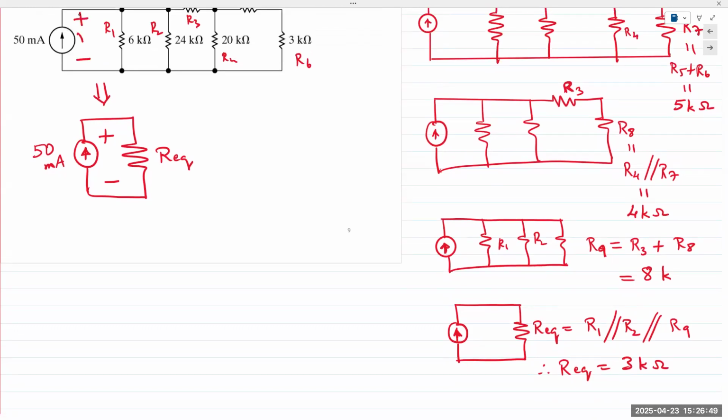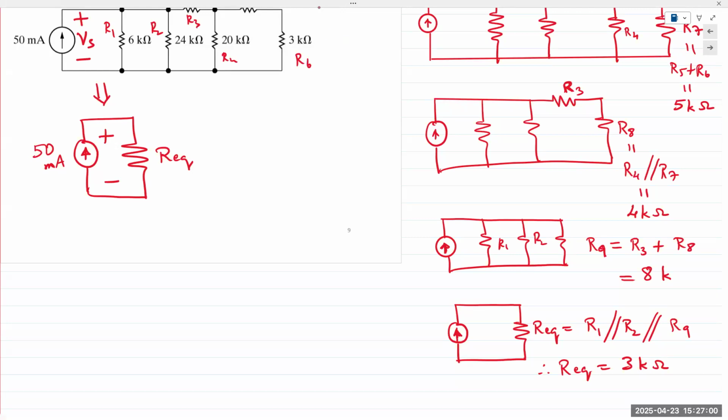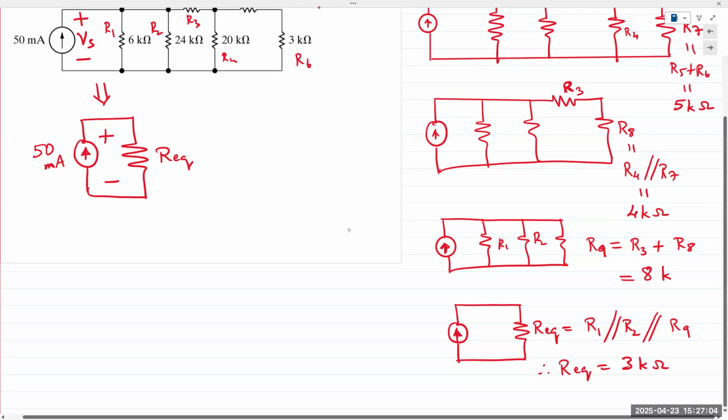Let's find the voltage. Let's call it VS. And VS, because it's a parallel circuit, all the way up to here. I'm going to call this IS, current source IS, voltage VS. Apply Ohm's law.